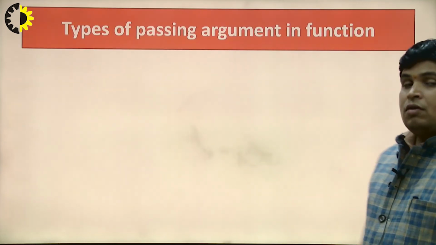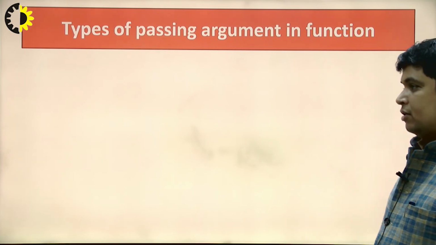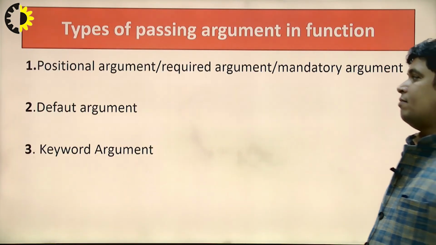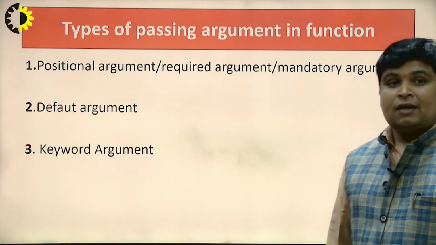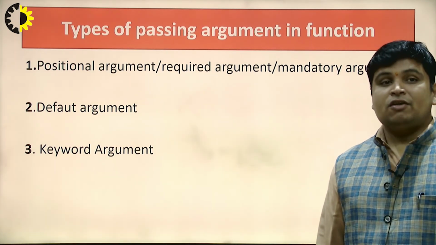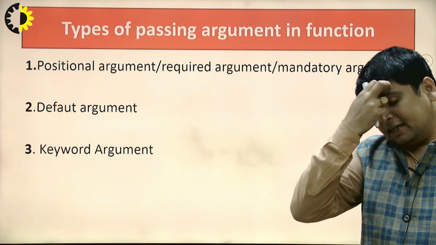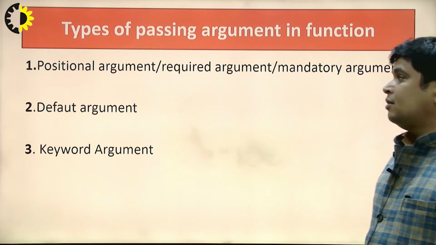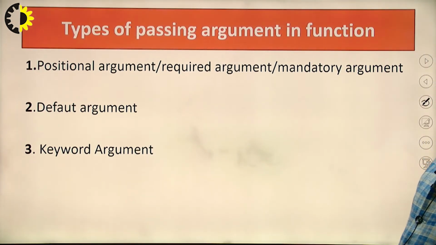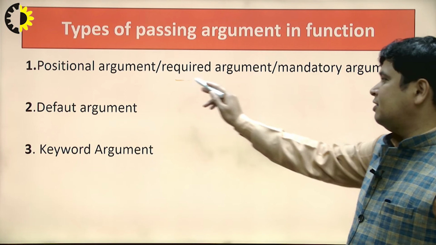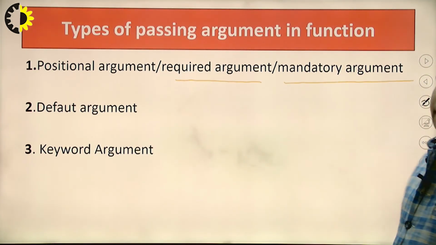Now, a very important thing is types of passing arguments in a function. We will see here in Python, we can pass the arguments in the function call statements by 3 categories. First one is positional argument, or we can say this is a required argument, or we can say this is a mandatory argument.